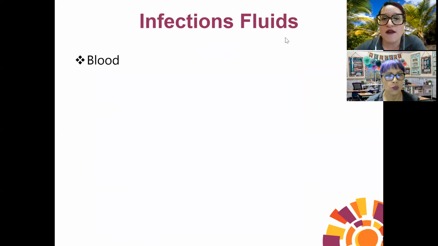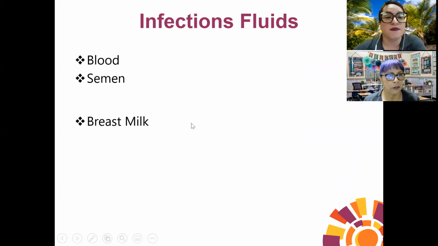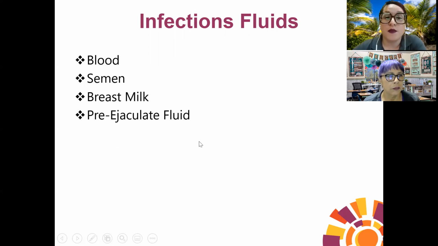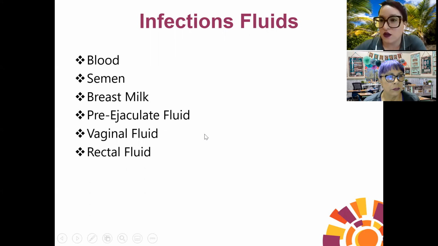We have some infection fluids, and those are the ones that, if you get in touch with them and that person is infected with the HIV virus, you're definitely going to get infected. It's blood, semen, breast milk, pre-ejaculate fluid, vaginal fluid, and rectal fluids. Why are they infection fluids? Because these fluids are nutritious in your body. Blood keeps us alive.